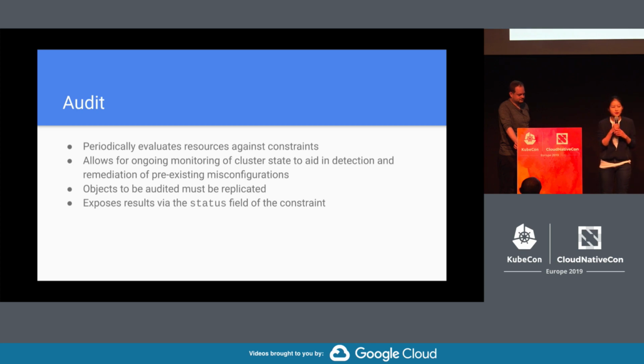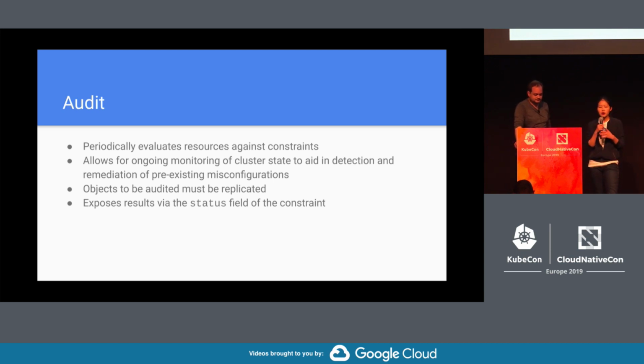With the audit feature, we can periodically run and evaluate the resources that exist in the cluster against all the policies that are enforced. This basically allows admins the ability to ongoing monitor their cluster, make sure they're actually in compliance, but also gives them a way to detect and remediate any issues that they currently have with any of the pre-existing resources in the cluster.